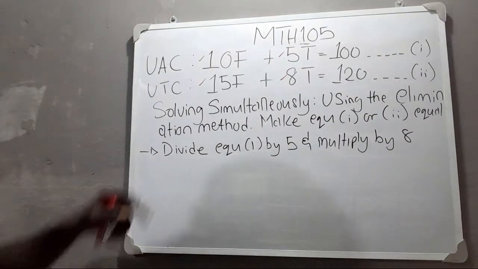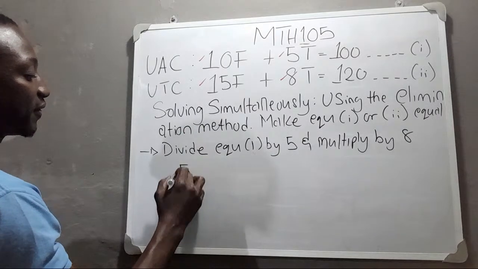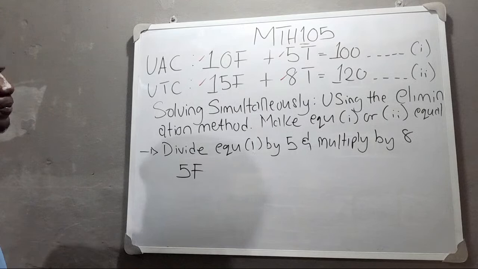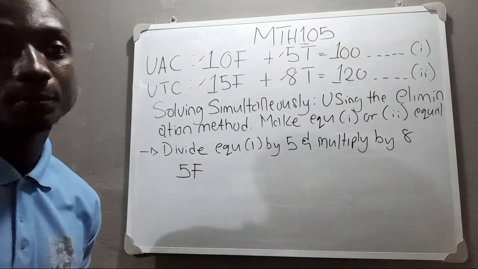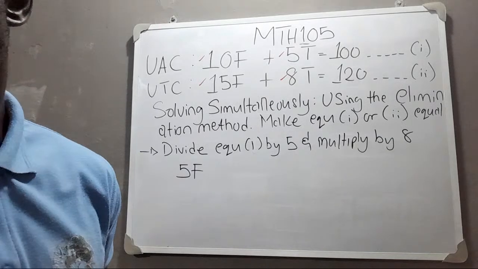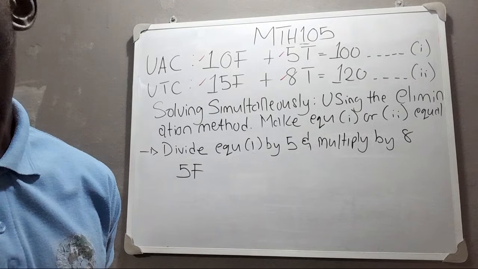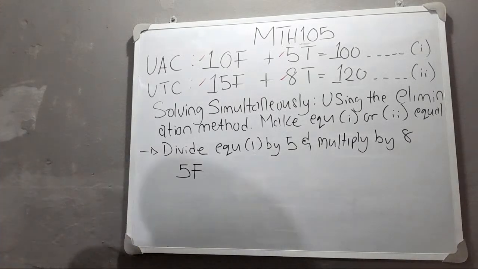Now, dividing equation 1 by 5, we have 5f. Are we together? Divide equation 1 by 5 and multiply by 8, then we subtract it from equation 2.